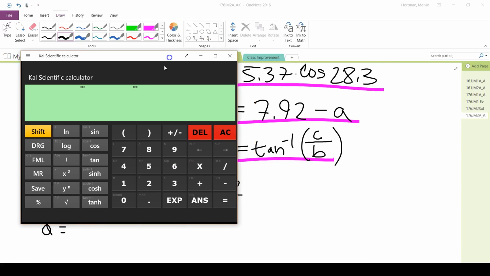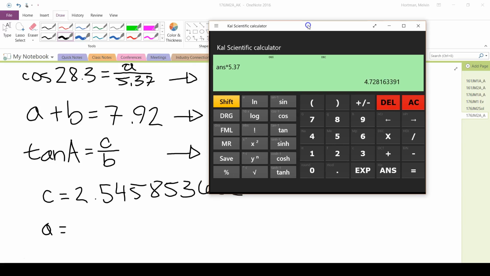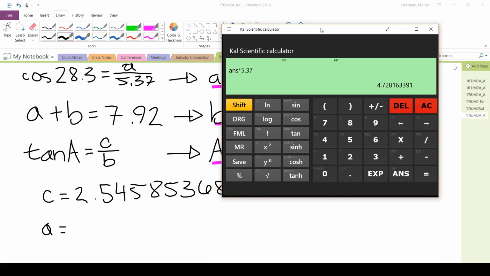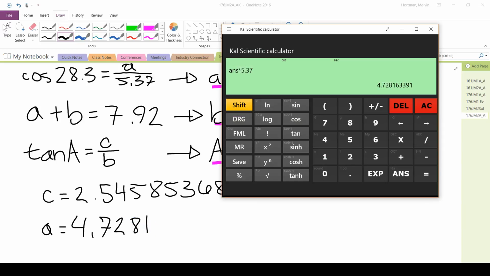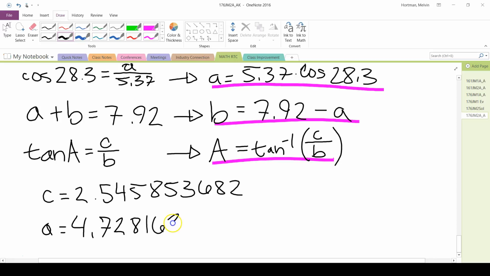It's going to be the cosine of 28.3 times 5.37. That's 4.728163391. Alright, we're getting somewhere.